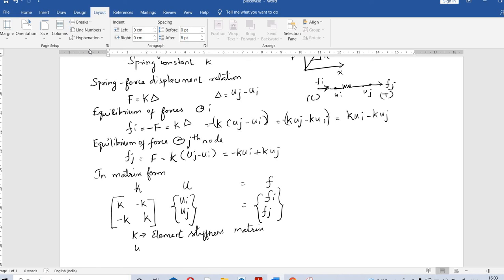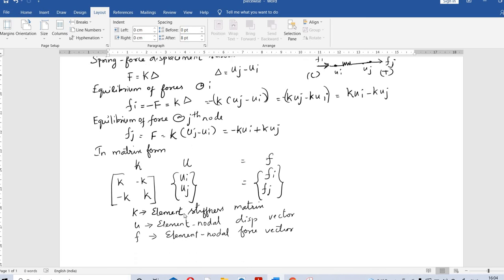U is the element nodal displacement vector. F is the element nodal force vector, because these two parameters are acting at the nodal points. So this is the matrix format for a single spring element.